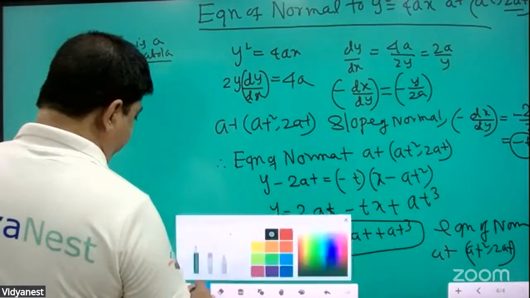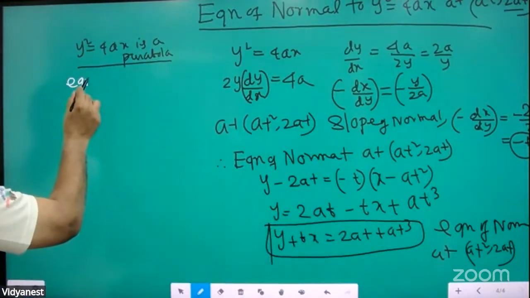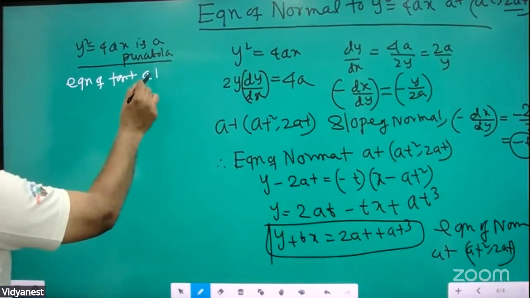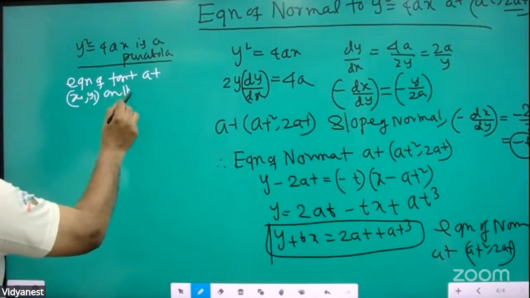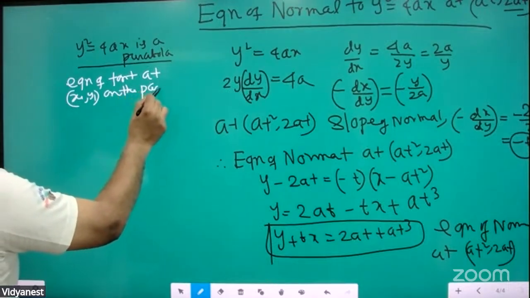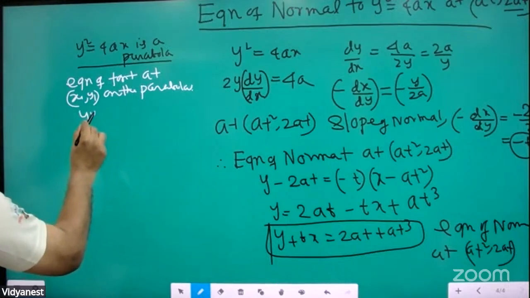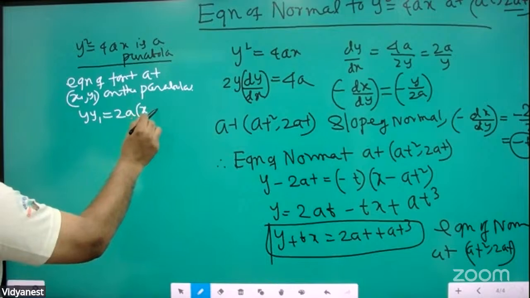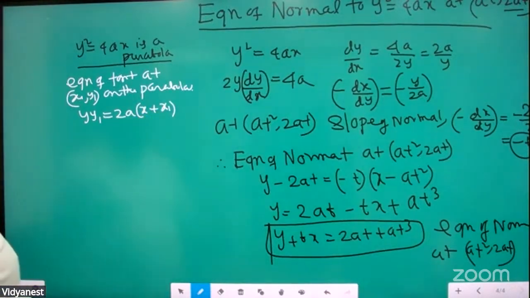Now, the equation of tangent at (x1, y1) on the parabola is what? We have got y y1 is equal to 2a times (x plus x1). Okay.